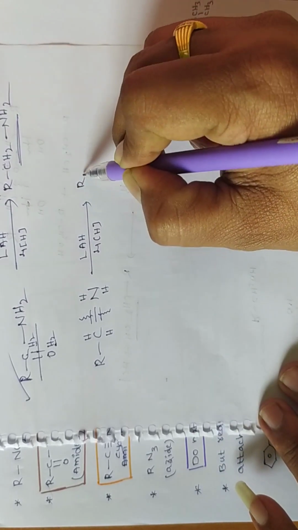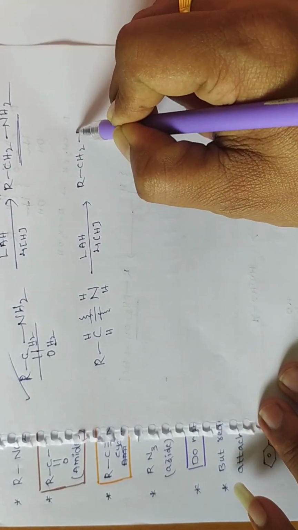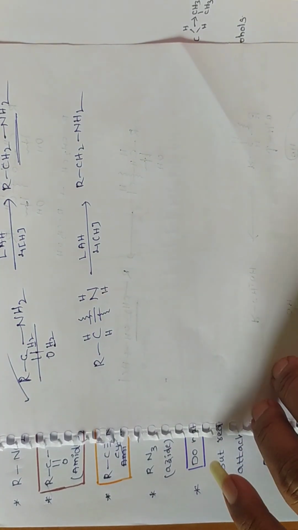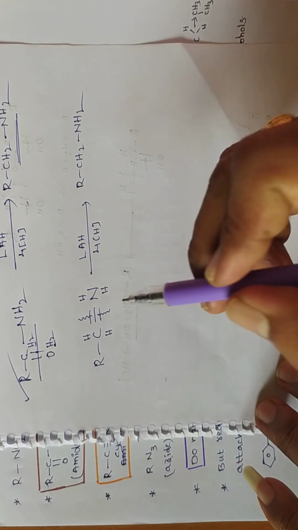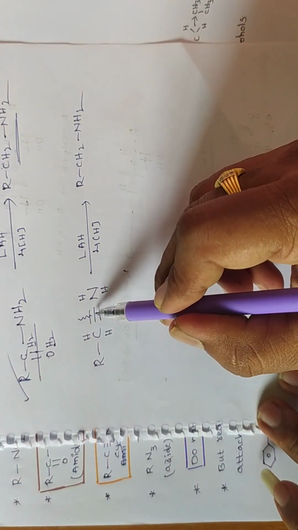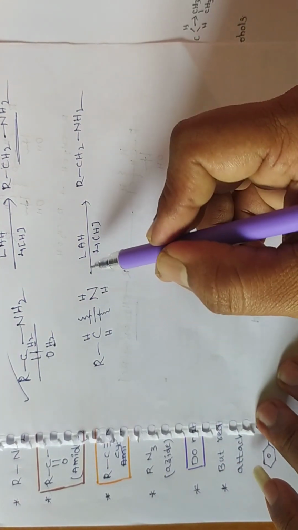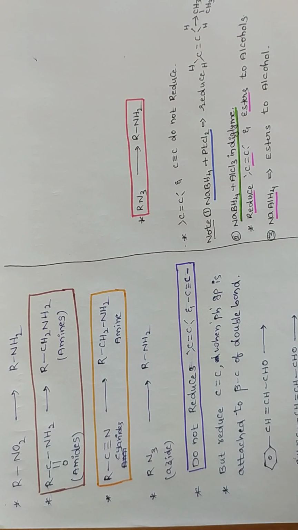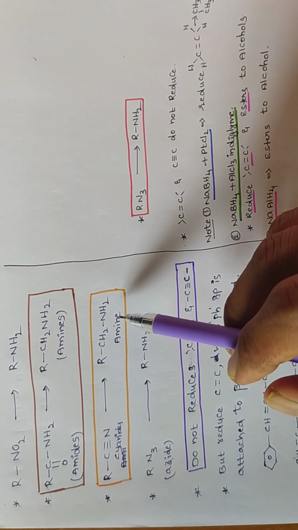Then we get RCH2NH2, a primary amine. This is the simple step. Like this you break the bond. Only 2 pi bonds are broken. Sigma bond is not broken. With lithium aluminium hydride, we are adding 4 hydrogens. This is cyanides to amines.